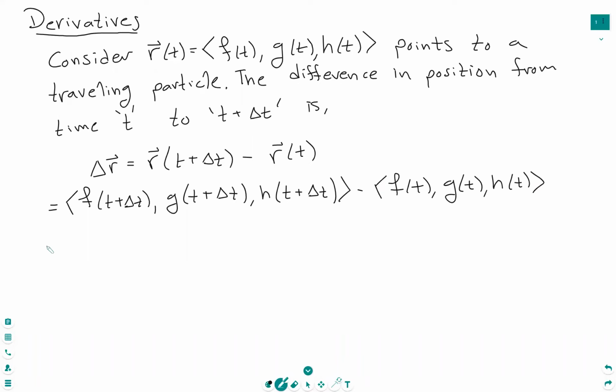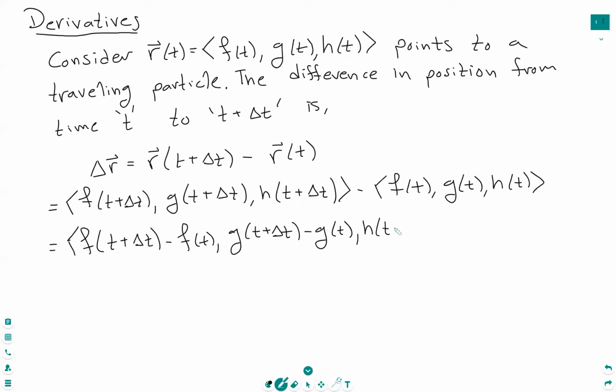Write this as the single vector: f of t plus delta t minus f of t, g of t plus delta t minus g of t, and h of t plus delta t minus h of t.